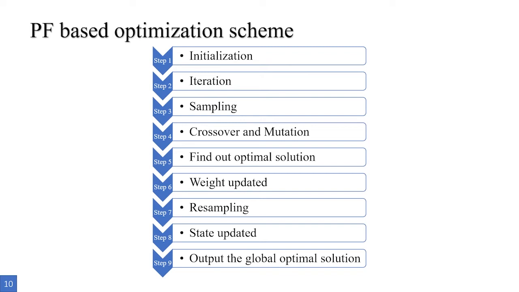Step 4. Crossover and mutation. Crossover operation and mutation operation of GA are considered in the proposed scheme to improve the precision of the solution. By introducing crossover operation and mutation operation, the variety of particles is enriched, which helps to avoid falling into local optimal solutions.